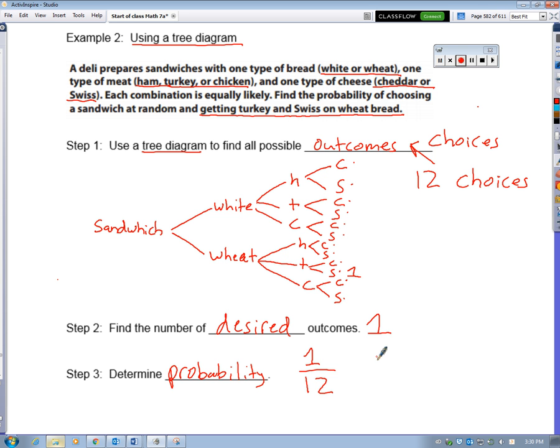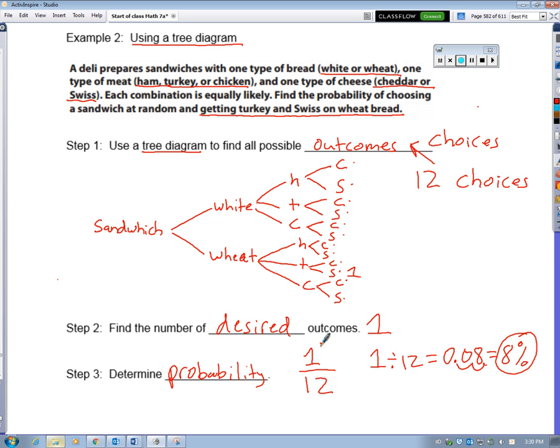And if we make that into a percent, we can take 1 divided by 12, and that'll tell us what percentage it would be. It comes out to 0.08, and we can move that decimal point 2 places over to make it 8%.